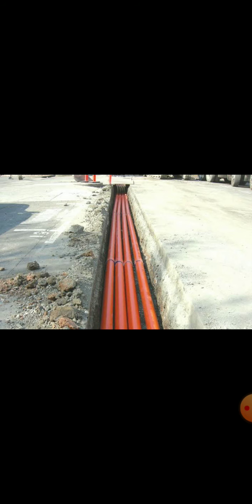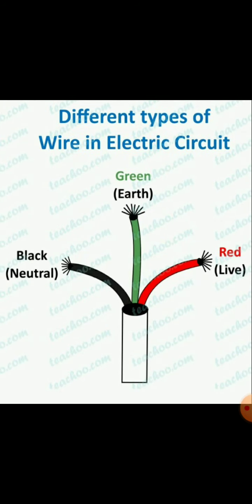Now, let us look at the different types of electric wires in electric circuits. There are many types of wires used in electric circuits. Let us study the three types of wires. Here we have red insulated wire, which is called live wire.